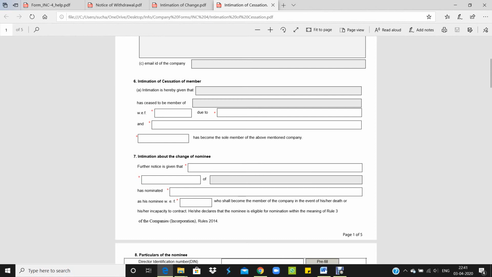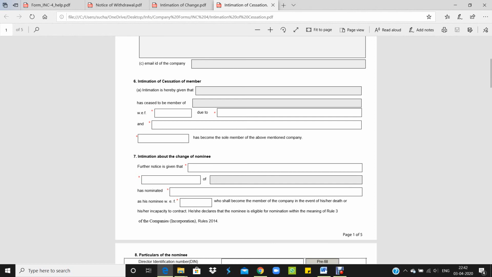Due to, we have to mention the reason, whether he has died or has incapacity to contract. And the nominee will become the member because of the incapacity to contract or death of the previous member, so the nominee's name has to be entered, and that nominee has become the sole member of the above mentioned company.